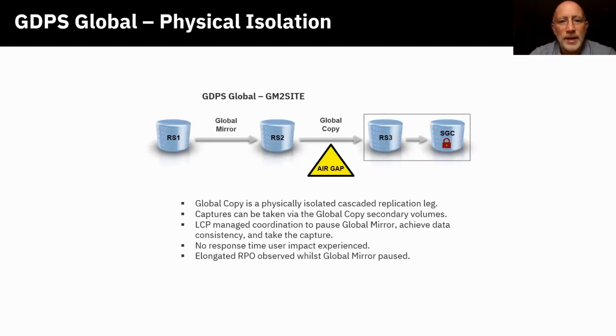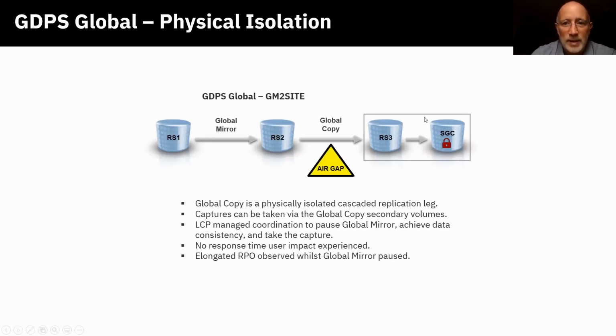We can take that type of model and extend it into a physically isolated model. In that case, we have a Metro LCP manager, which is responsible for looking after this cascaded global copy leg, where we're cascaded from the GM secondary into the cyber vault.